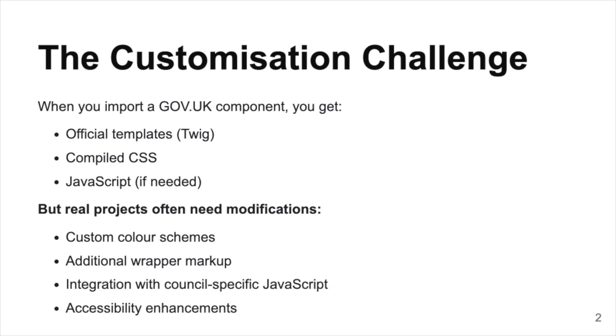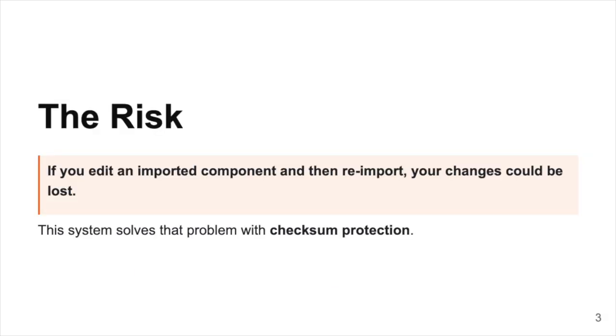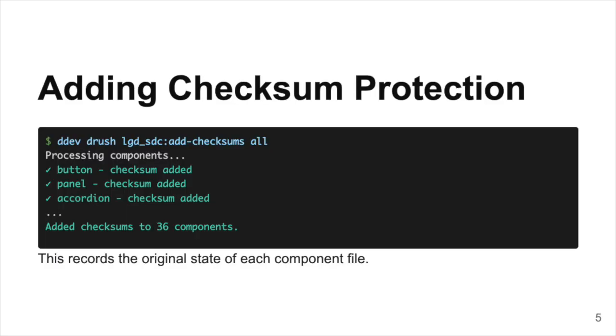But real projects often need modifications. Custom color schemes beyond gov.uk defaults, additional wrapper markup for your layout system, integration with council-specific JavaScript, accessibility enhancements for your user base. If you edit an imported component and then re-import, your changes could be lost. This system solves that problem with checksum protection.